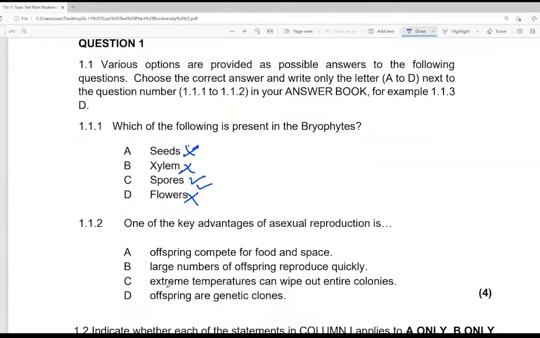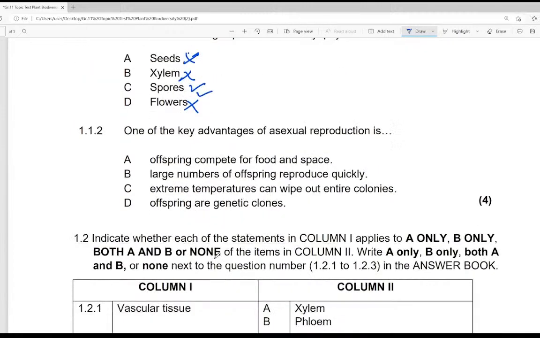Which one of the following is an advantage of asexual reproduction? We have not yet covered this, but let's just talk about it. In asexual reproduction, remember that you don't need to have two parents. You only need to have one parent.